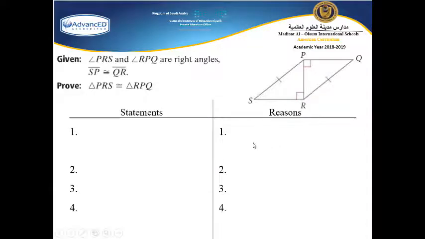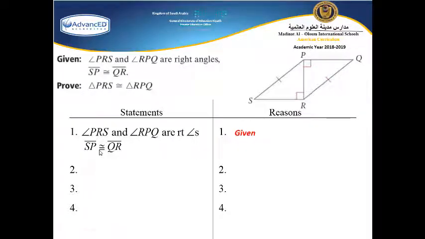At the first, we will write the statements, writing as usual the given. Here we will write the given: angle PRS and angle RPQ are right angles, as we see here in the given, and also SP congruent to QR.